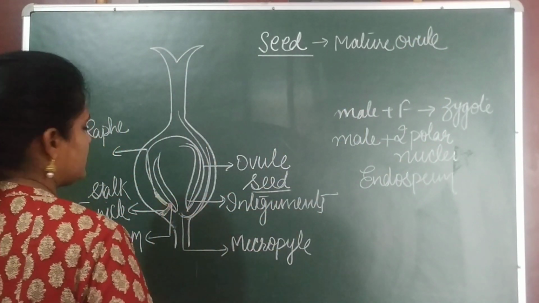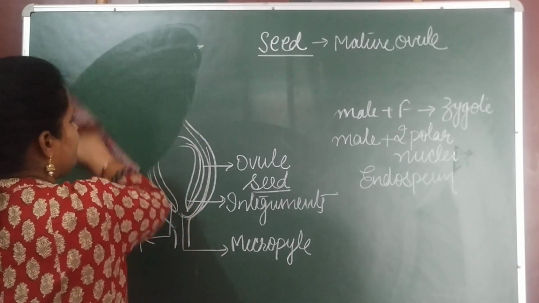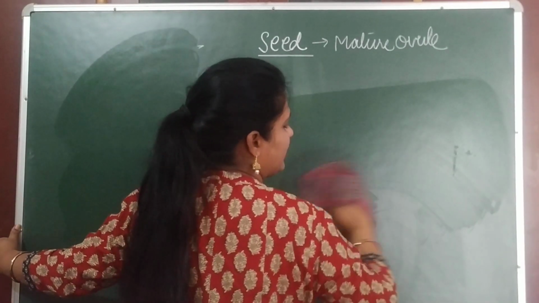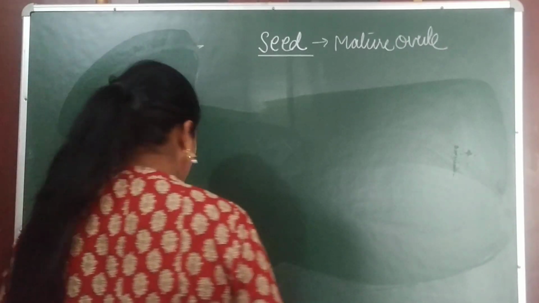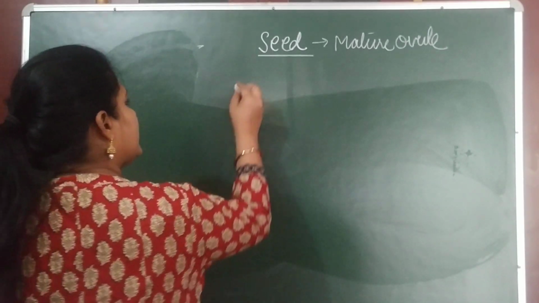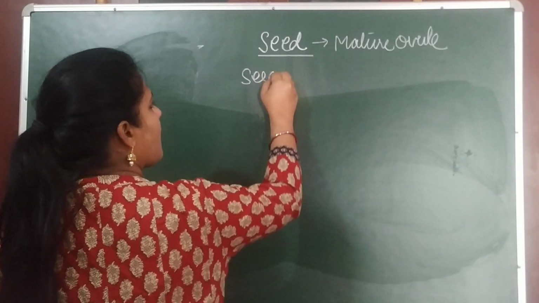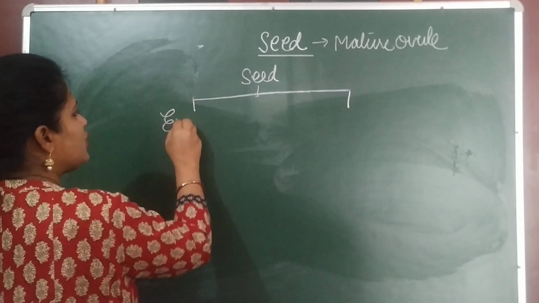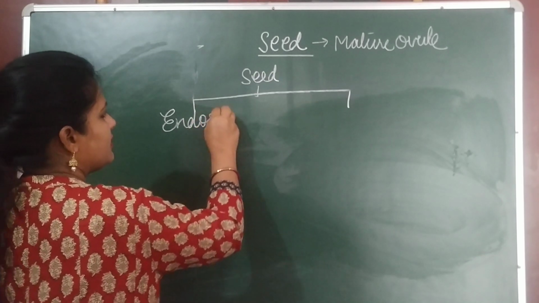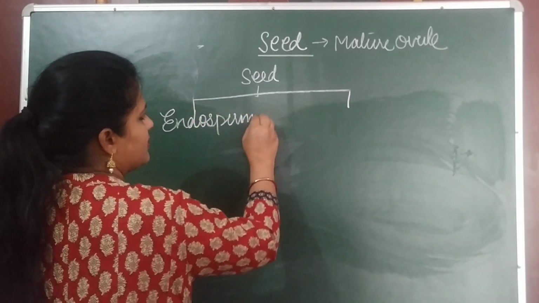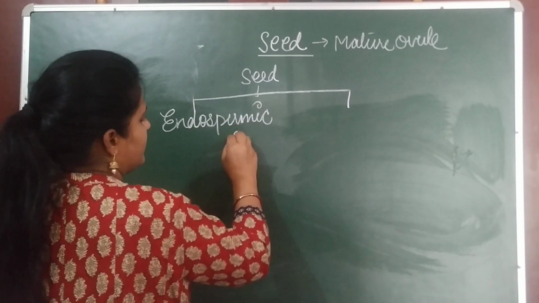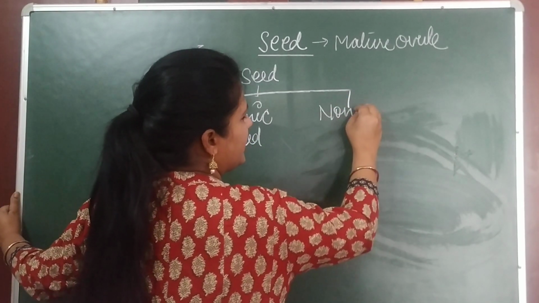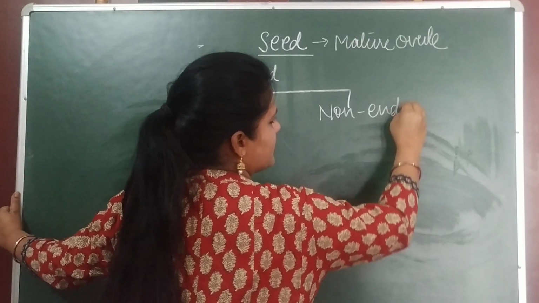So I am going to rub this diagram. Now, on the basis of presence of endosperm, there are two kinds of seed. One is endospermic seed, and the other one is non-endospermic seed.